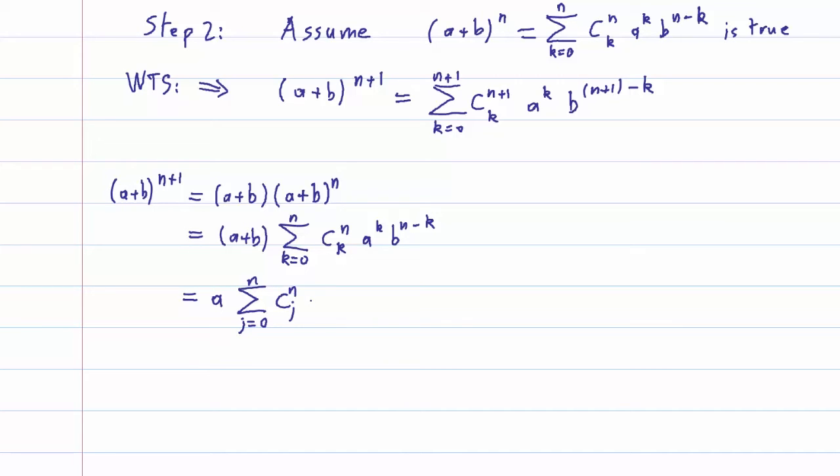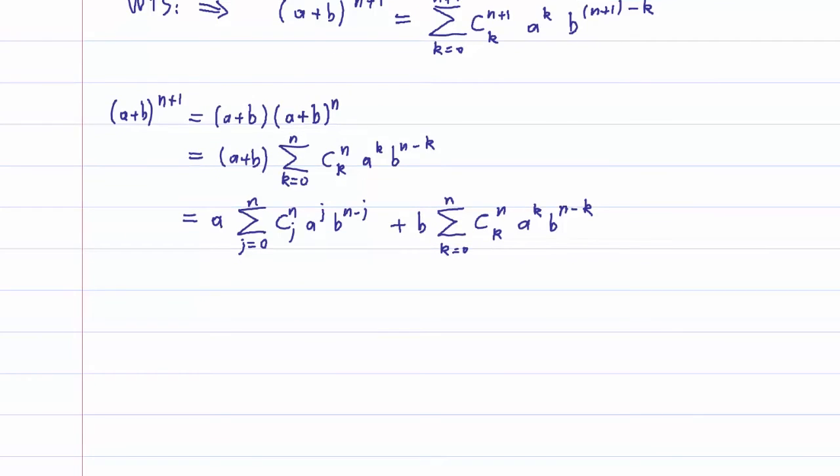C(n, j) a^j b^(n-j), plus, and now we distribute this sum over the b's, the sum of, I'm going to keep the k's here, k equals 0 to n of C(n, k) a^k b^(n-k). There is nothing complicated so far.